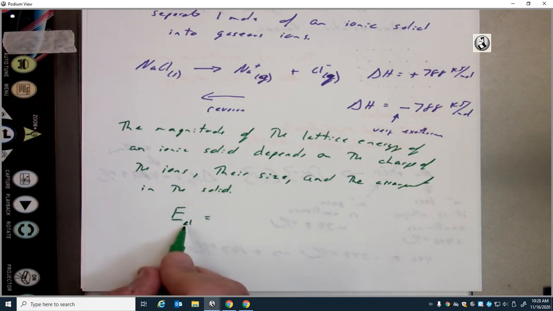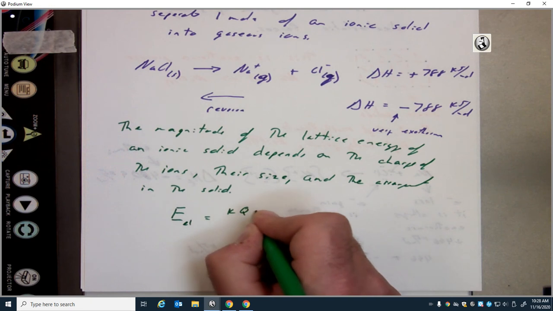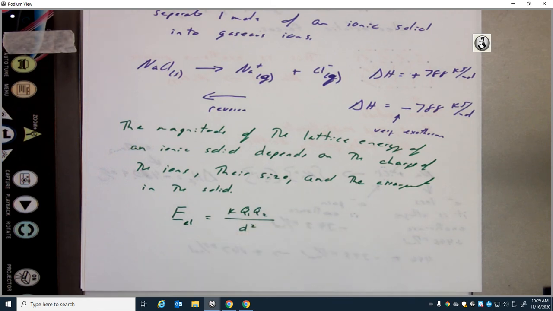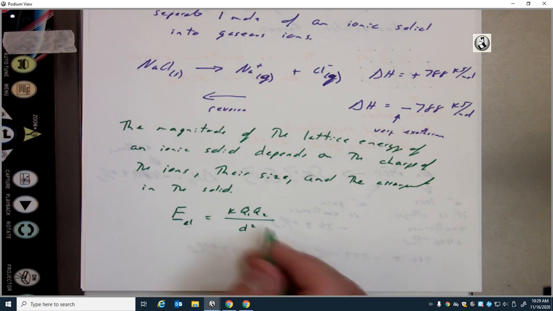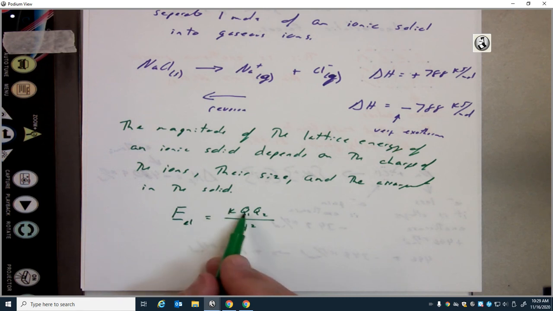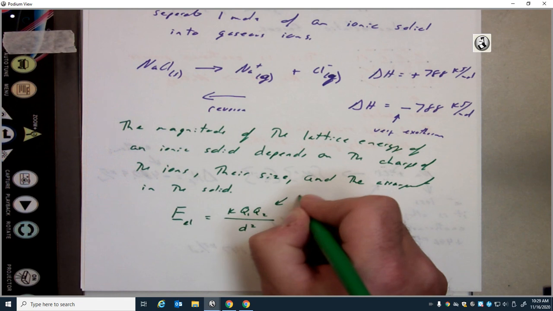So the energy of the lattice is equal to a constant times Q1 times Q2 all over distance squared. So this lattice energy really has to do with, this constant doesn't change it, Q1 and Q2, the charge of the ions.